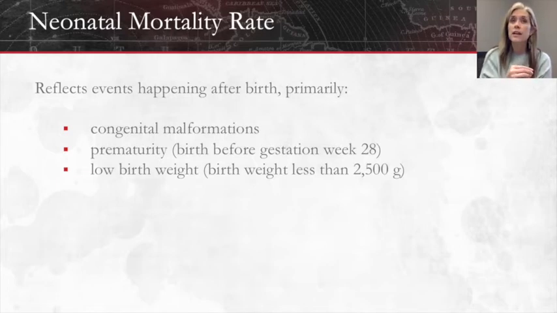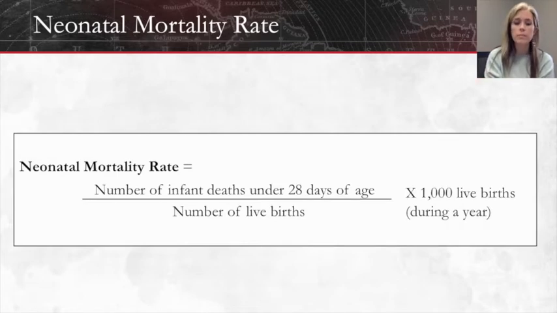It can be indicative that you're having babies that are born before they reach full gestation at 38 or 40 weeks. Or it could mean that you have a spike in low birth weight babies, which may be indicative of increased substance abuse rates in the population. So neonatal mortality rate is the number of infant deaths under 28 days of age over the number of live births.